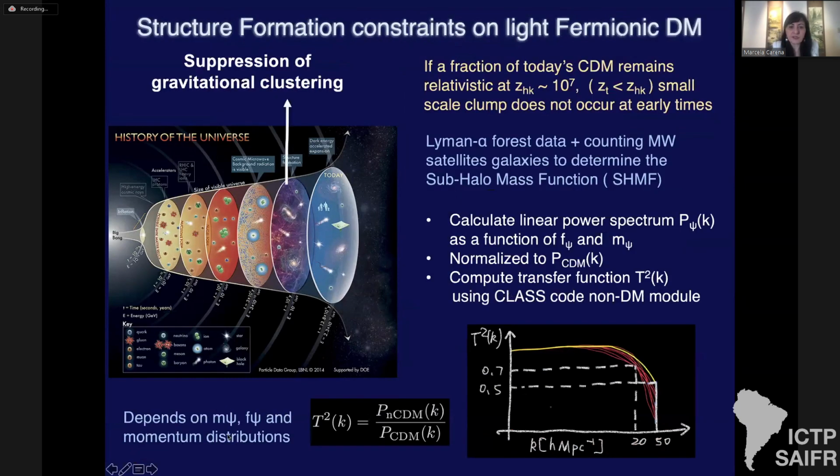The other issue that is important is to look at the suppression of gravitational clustering. If a fraction of today's dark matter is relativistic, as I said, at these values of 10 to the 7, then small clumps do not form at early times, and that, of course, is not good.